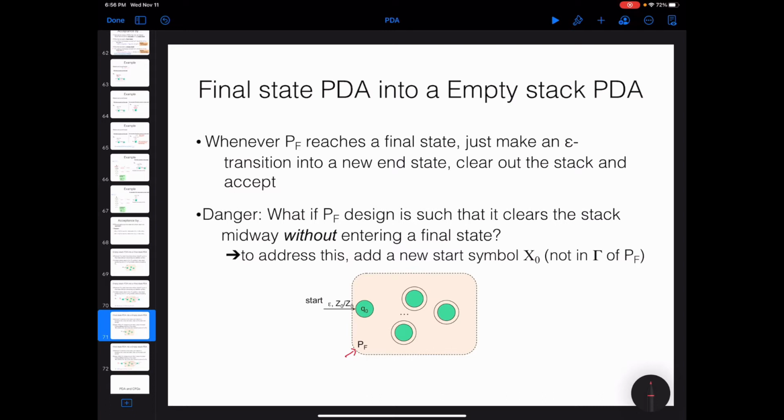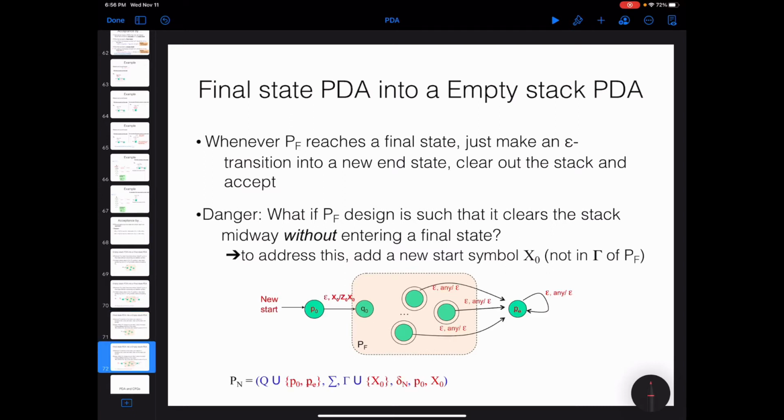In all of these final states, in fact, the thing is, you don't know what is in the stack, and you don't care what is in the stack. You only care that you reach those final states and the input string has been consumed totally, so you would accept the string.